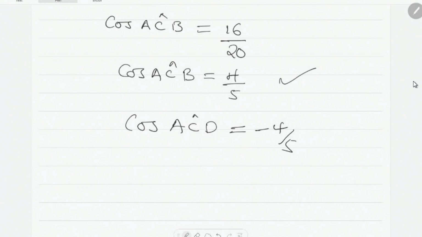I'm multiplying by -1 because this is as good as finding the angle in the second quadrant where cosine is negative. Okay, so in paper 2, for example, if this question was in paper 2, we could have calculated the value of cos of ACB is equal to 4 over 5, and then when we find the angle, because it's interior, we are looking for the exterior, we subtract from 180. In 180 cosine is negative because in the first quadrant it is positive, in the second quadrant it is negative.